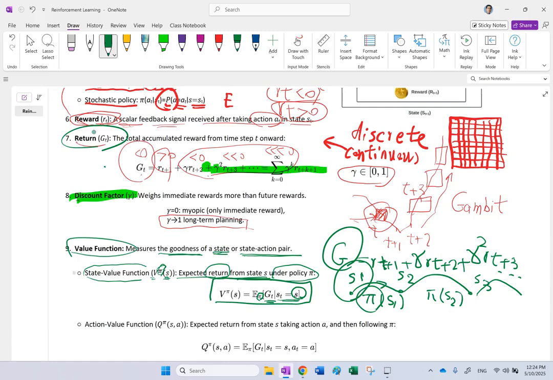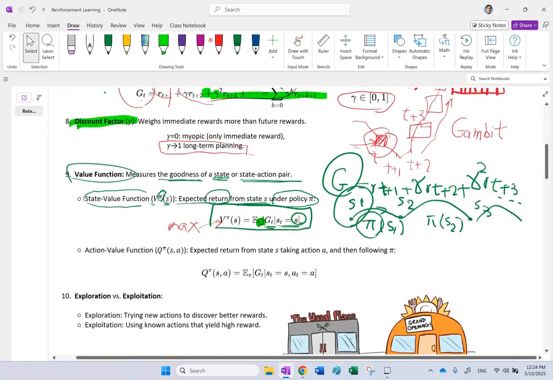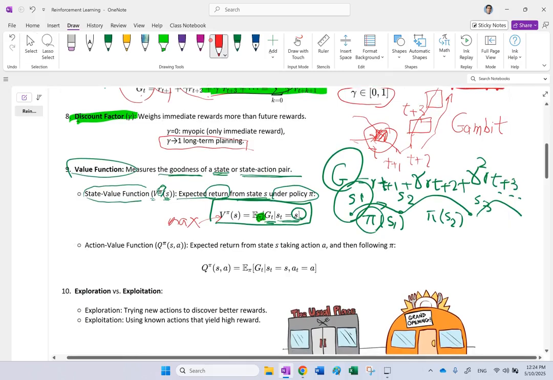What is the unknown? The unknown is the pi. What pi do I pick so I can maximize this V function? Okay, this is called state value function. Now, a similar thing can be defined for action value function.